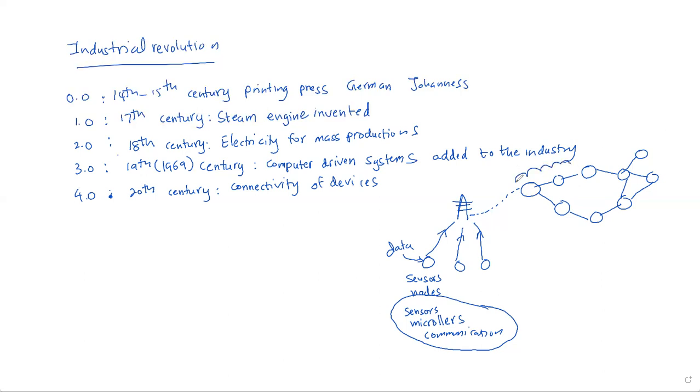The data will be collected, will pass through these routers and switches, and will be connected to the cloud servers. The cloud servers will be connected to one of these routers and switches. So a cloud server is like another computer, right?